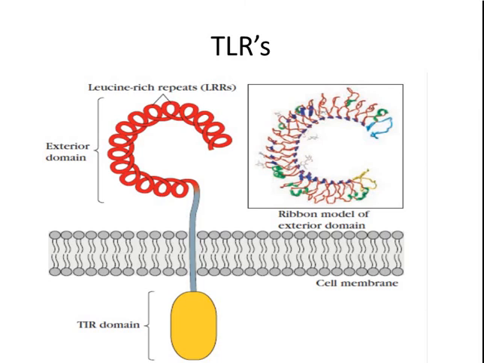Toll-like receptors are membrane-spanning proteins that share a common structural element in their extracellular region called leucine-rich repeats, or LRRs. Multiple leucine-rich repeats make up the horseshoe-shaped extracellular ligand binding domain of the toll-like receptor polypeptide chain.